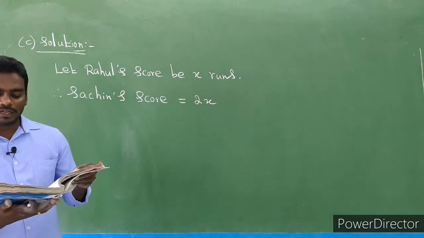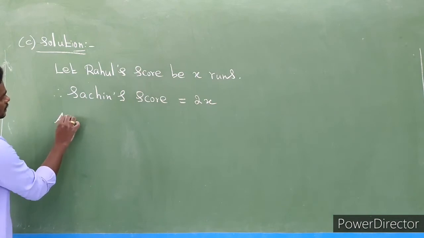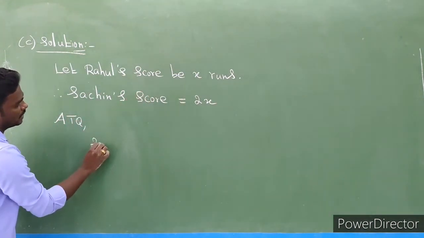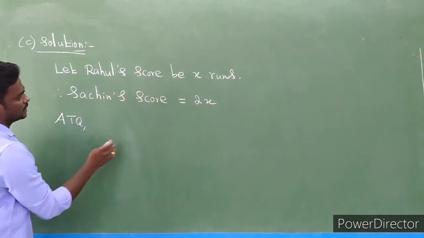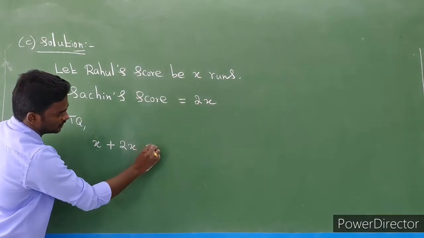Together the runs fell two short of a double century. So what is our condition? According to our condition, we can add Rahul's runs and Sachin's runs: x plus 2x, which is equal to what?